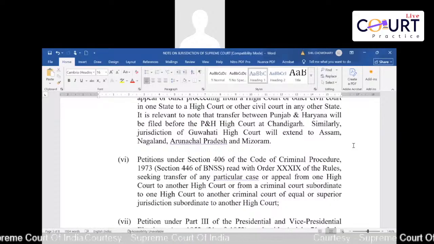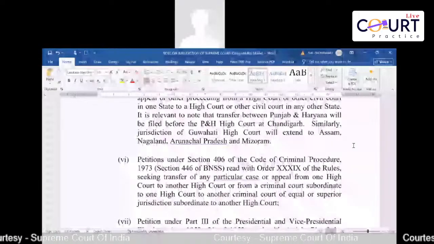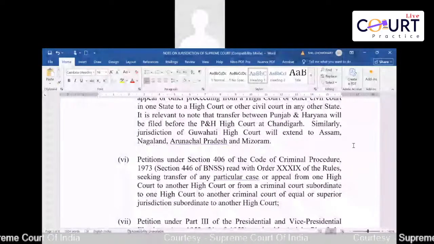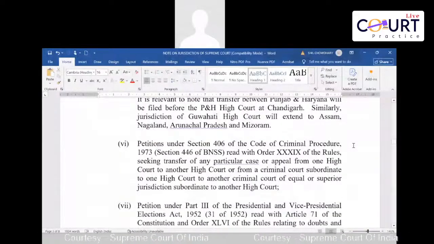If it's an old case, then under Section 406. If it is after the enforcement of the new act, then it will be under Section 446 of the BNSS. You will be invoking the original jurisdiction of the Supreme Court.